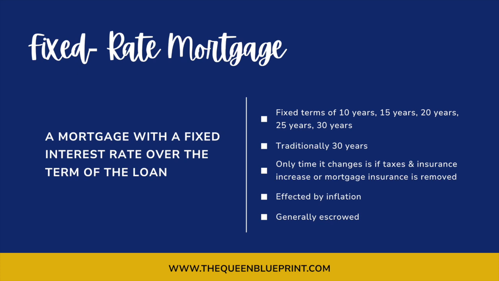The only time it changes is if taxes and insurance increase or your mortgage insurance is removed, okay? This is also affected by inflation, and typically it is put in what is called an escrow account.